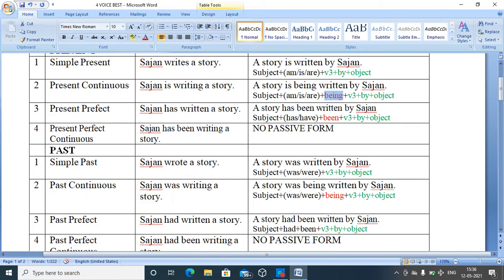With the past continuous passive form also, since it borrows from the former, the neighbor, you get an additional benefit here, being, as a constant. Obviously, was or were is already there. If you don't add that constant, the same sentence will follow. So we want to mark down the difference.